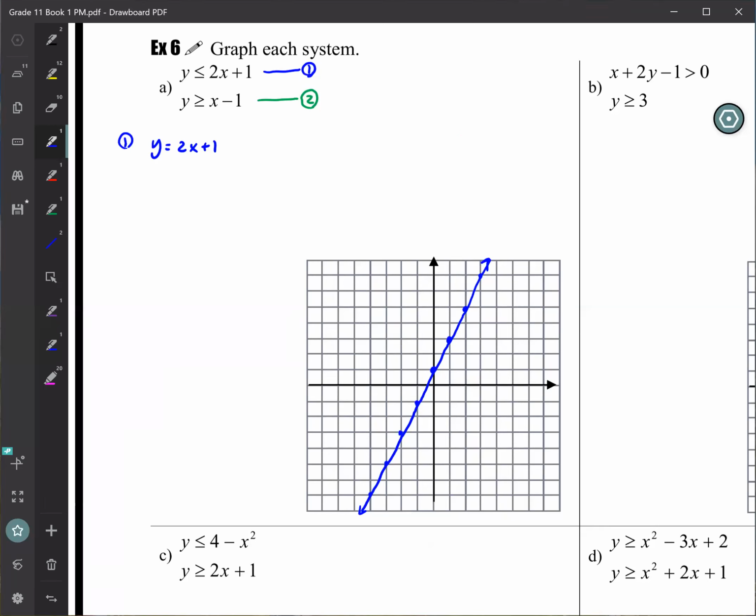So we have slope. We have the y-intercept, okay? Raise your hand if you finish the line.